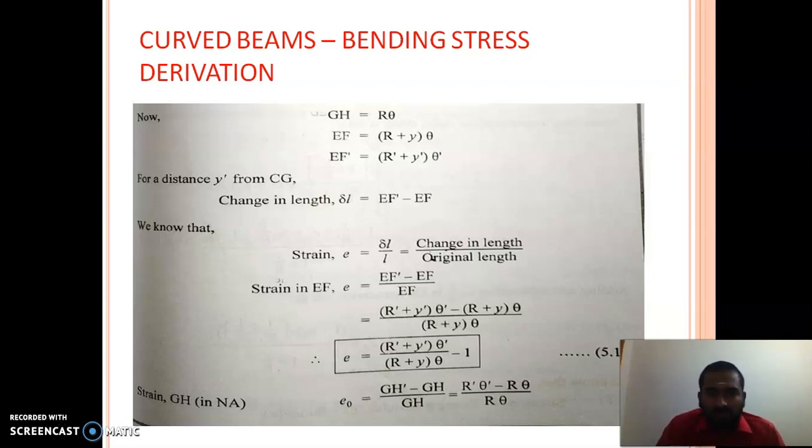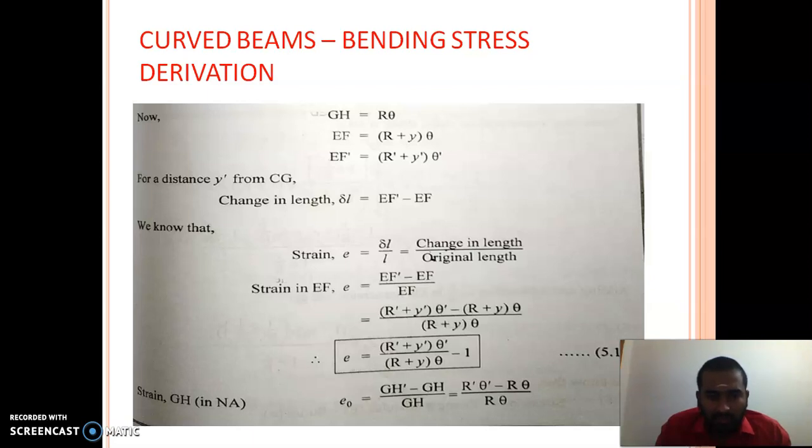So EF dash, after its deformation, R changes to R dash and Y changes to Y dash and theta dash. So now we are calculating strain in the EF layer. Change in length is EF dash minus EF divided by original length, which is EF.